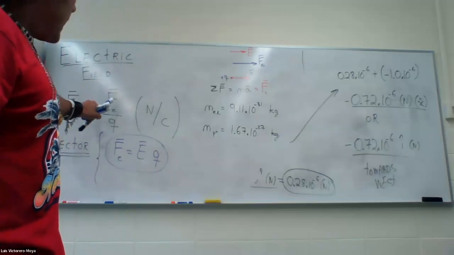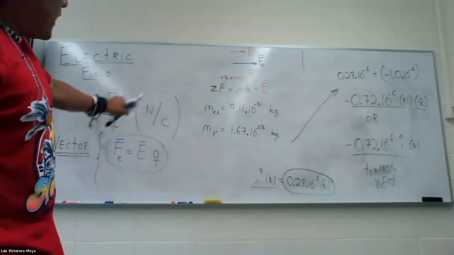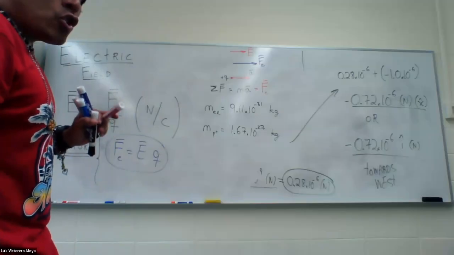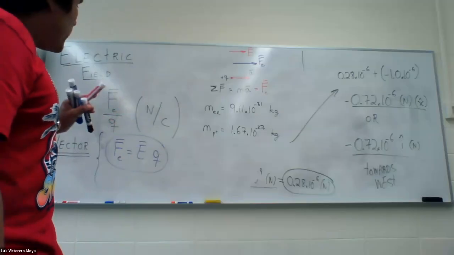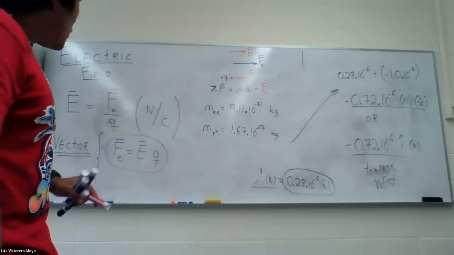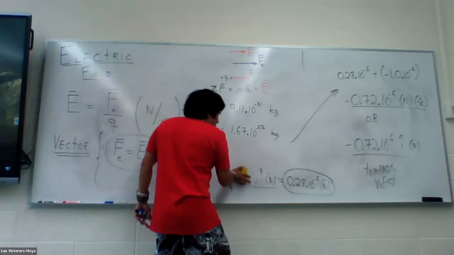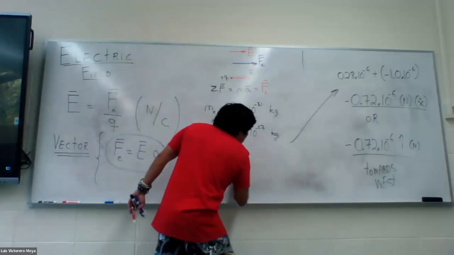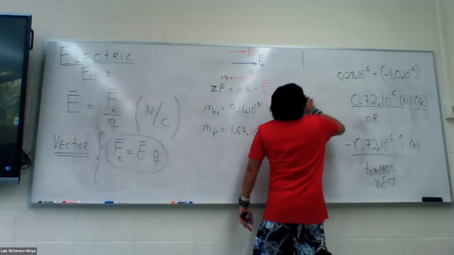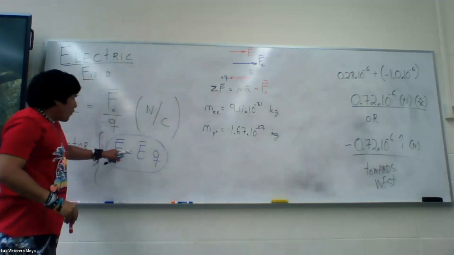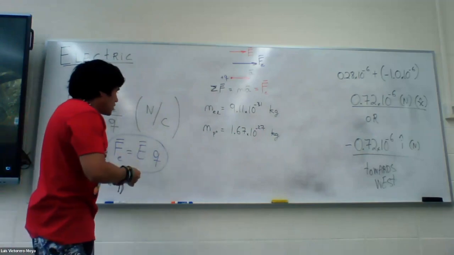Now, I have that equation for electric field. Can I find an equation for the electric field due to a point charge? Well, yes, you can. We know that the electric force is equal to electric field times the test charge.